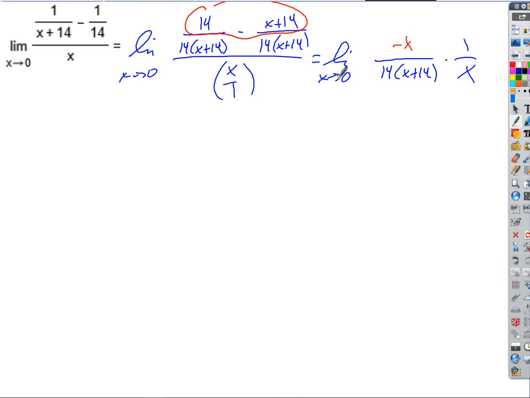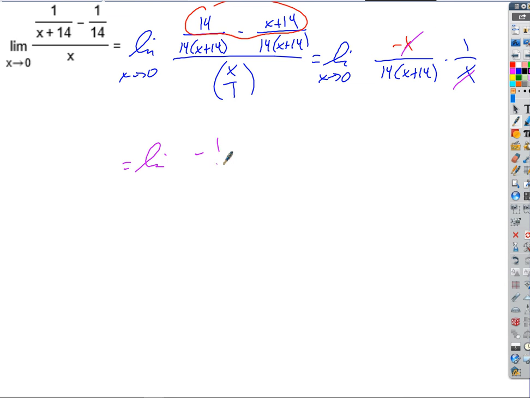Okay, we good so far? Okay, and then what cancels? And that removes the indeterminacy. At that point, we could just take the limit.